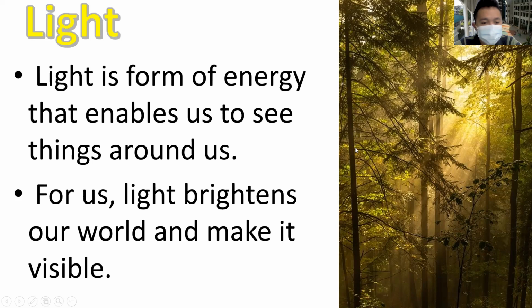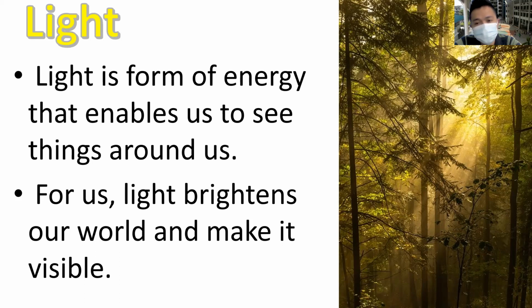So for us, light brightens our world and makes it visible. Yes, visible means you can see. That word is called visible. You can see the things around you because of the presence of the light. Light is very important. Look at the picture. I can see that there are trees there because of the presence of the sun.